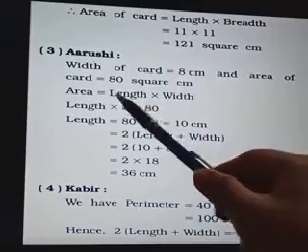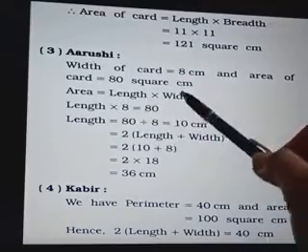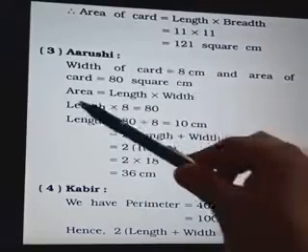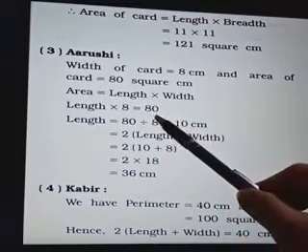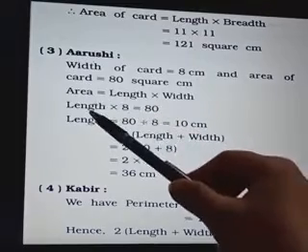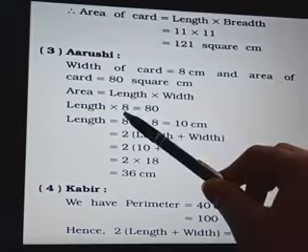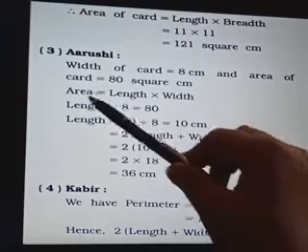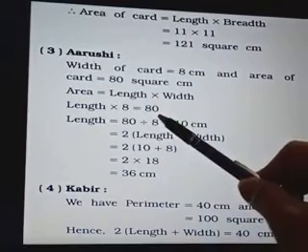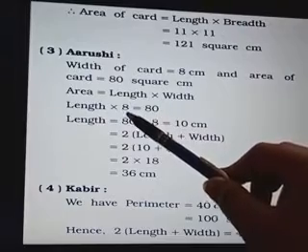Now we will keep length multiplied by width on our left side and area on our right side. So length we will keep as it is, instead of width we will keep 8, and instead of area we will keep 80. Now we will change the side of 8.